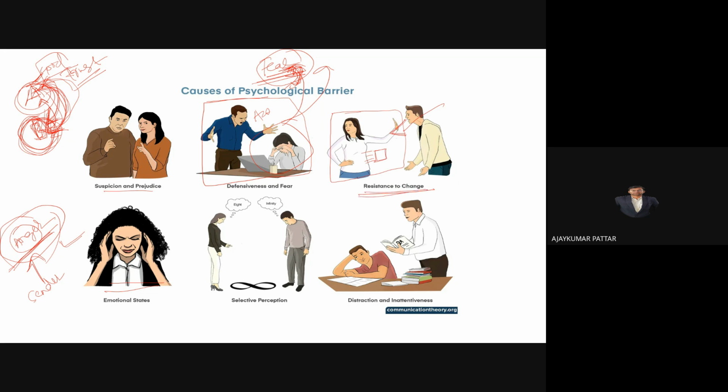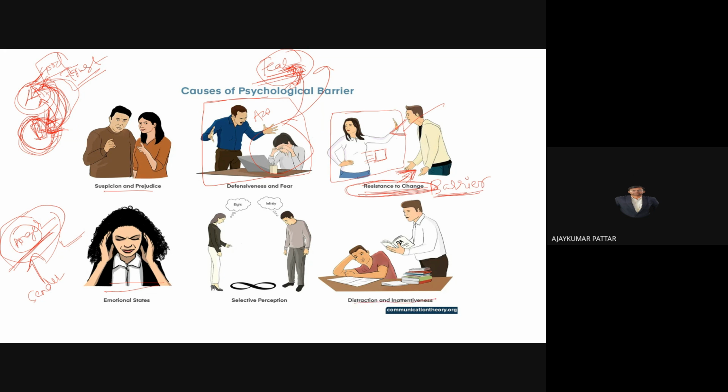Resistance to change is also a barrier for effective communication. Practically, we will see a lot of people like this. Even if you tell them something good, they will not change their behavior, personality or attitude, because of resistance to change. That is also acting as a barrier.